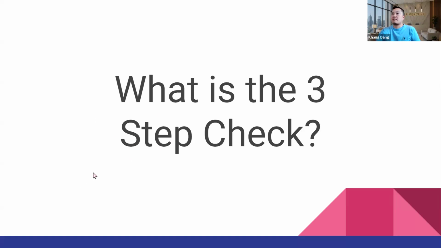But first of all, what is the three-step check? The three-step check is something that was created by Brian Olson and Robin Joy. They teach this method to all of their students as part of the Jim Cockrum coaching.